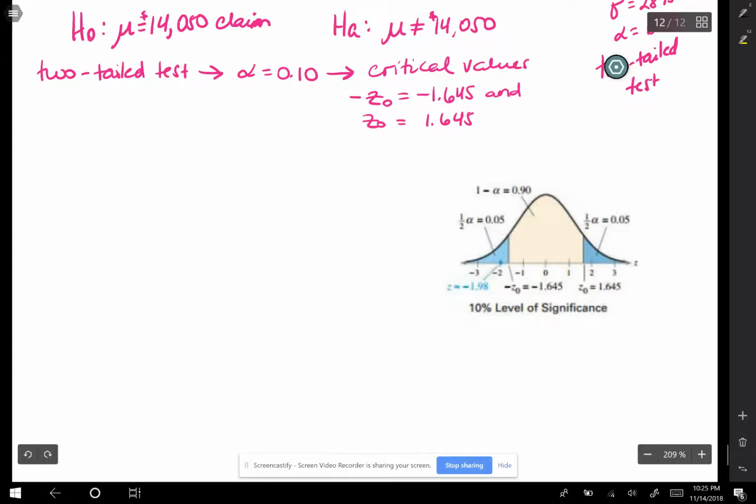So now we want to do our z-test so that we can compare that z value to the critical values. Same formula we've been using every time, and plug in our numbers.